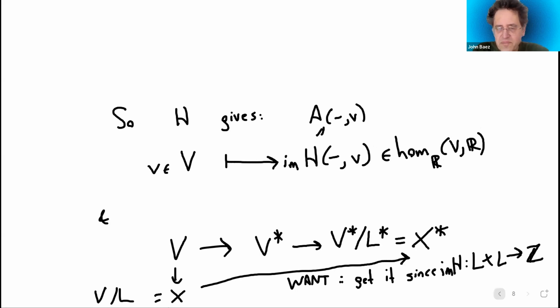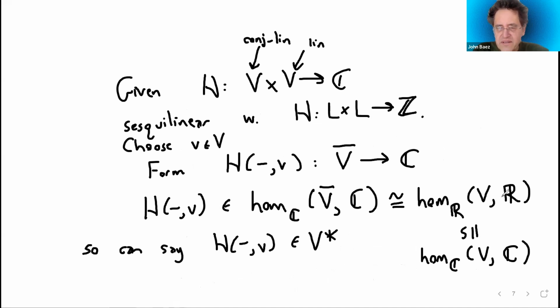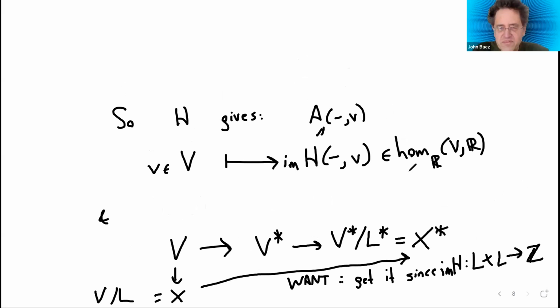But luckily in our Pons Asinorum, we saw that that's another description of the dual of the complex vector space V. So we can think of that as a complex vector space V dual. So that's what I'm going to do then. I'm going to use this Im H here to map to V dual.